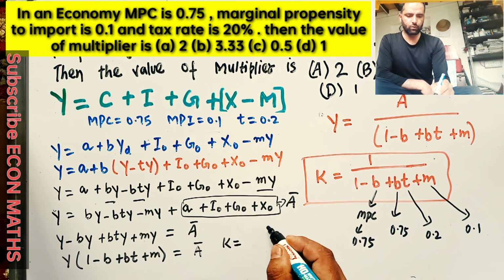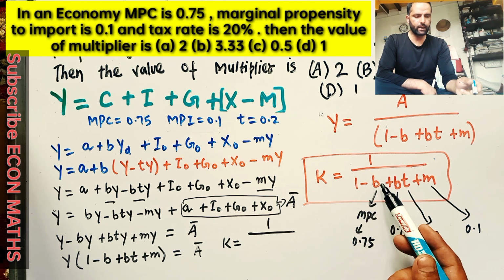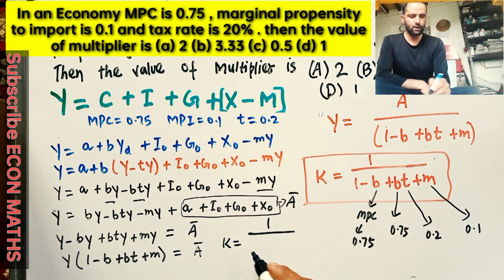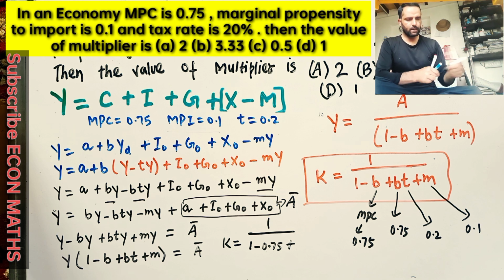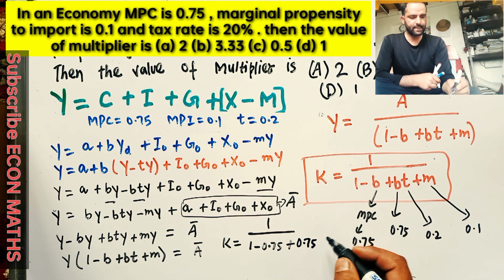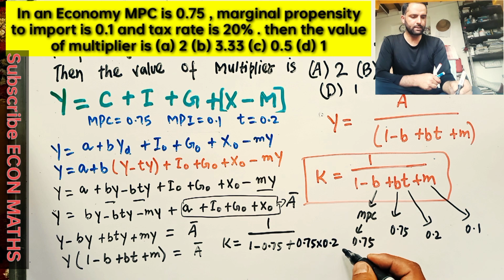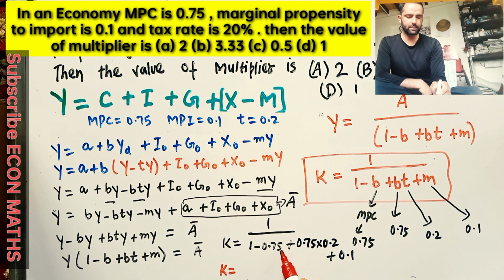That means our k will be equal to 1 upon, and we can write 1 minus b as 1 minus MPC, which is also MPS. So 1 minus 0.75, plus b, again 0.75, times the tax rate 0.2, plus m, the marginal propensity to import, which is 0.1. Here 1 minus 0.75 comes out to be 0.25.